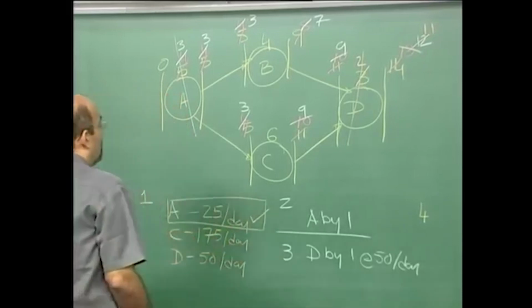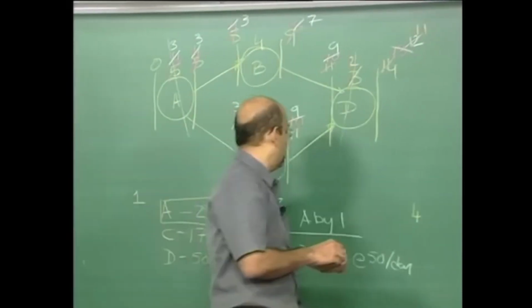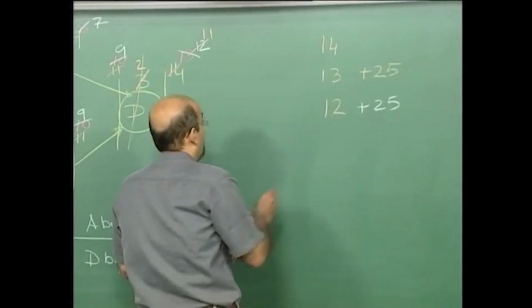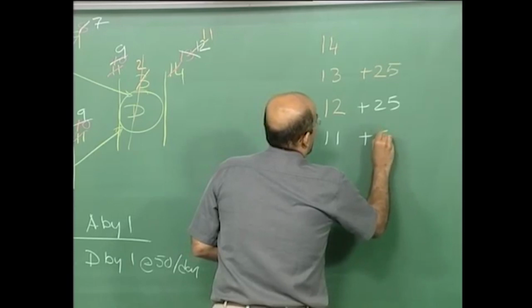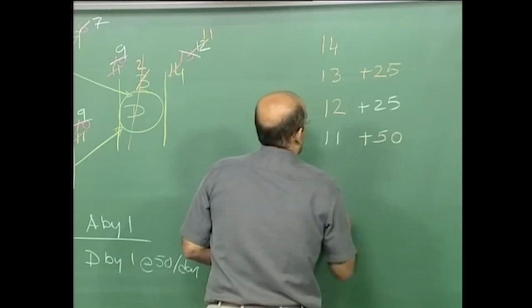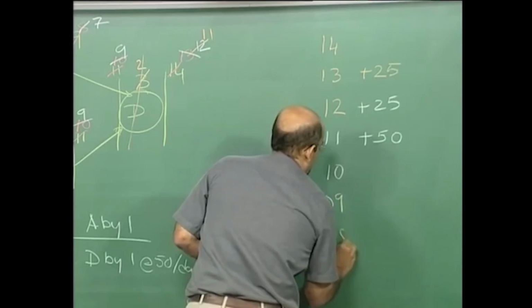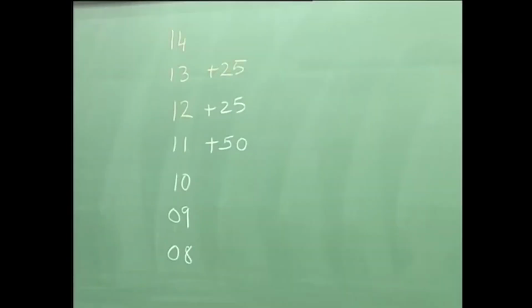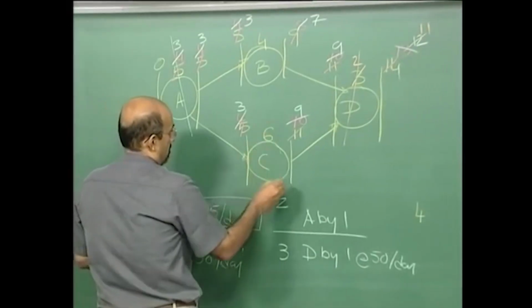Okay, so I can do stepwise reduction of C. Let me get this value here. So when I went down to 11, I added another 50. Now I can take C and take it down to 5.